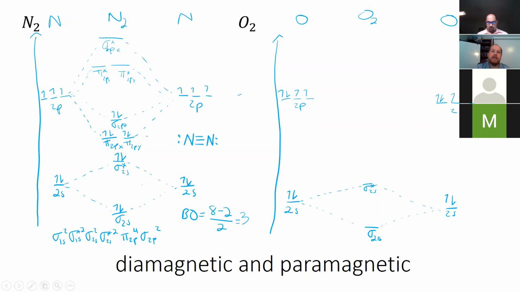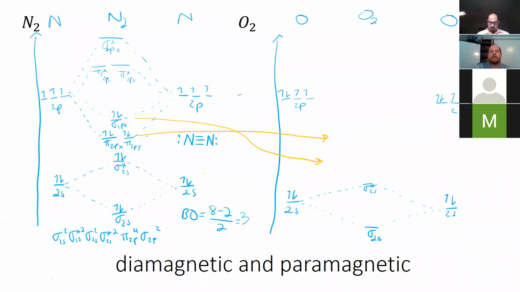Now the big change here when we go to oxygen is, and I'll try to illustrate this, what happens is the sigma 2pz orbital goes lower in energy, and the pi 2p orbitals go higher.